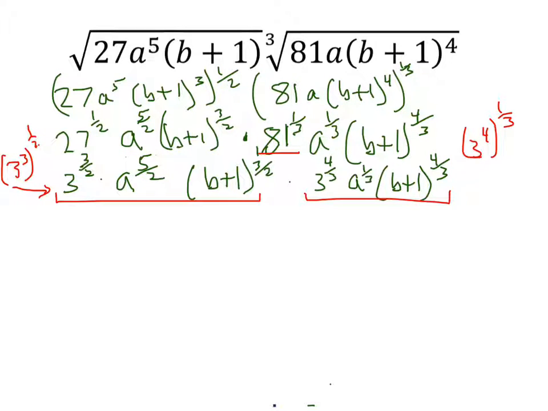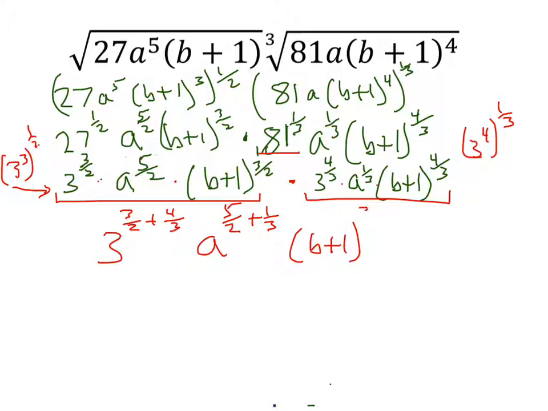Let's take the bases. We have 3 to the 3/2 plus 4/3, because this is a bunch of multiplication in here. And we've got a to the 5/2 plus 1/3, and b plus 1 to the 3/2 plus 4/3. Now we're going to add those exponents.